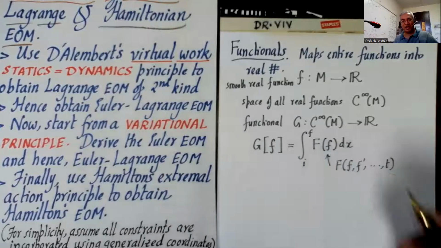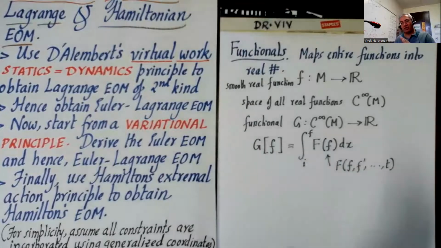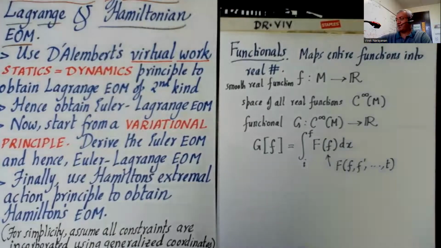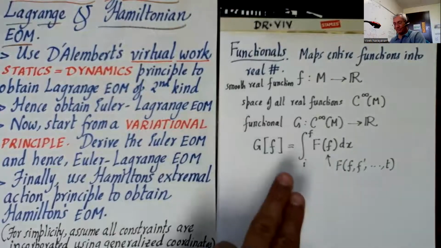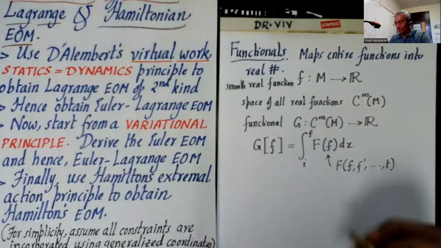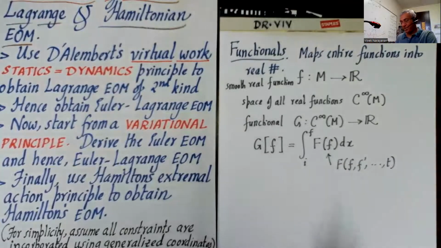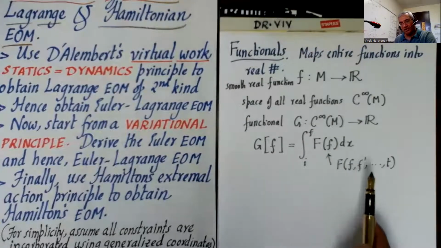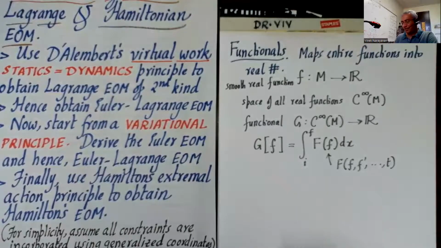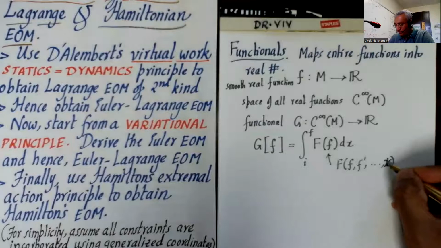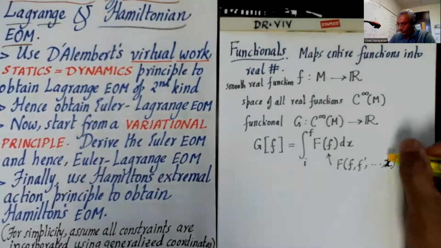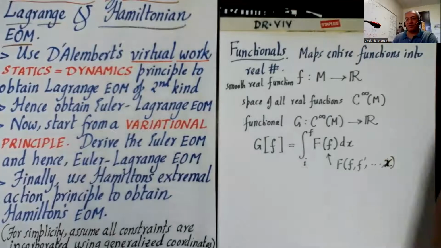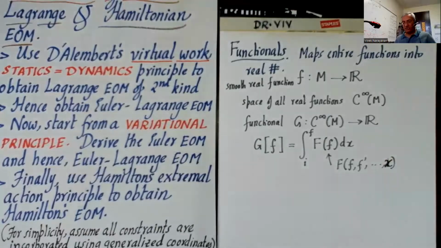That's my convenient shorthand. It can depend on not only the function, but also the nth derivative of the function as well as x. I shouldn't write time, I should write x, because we are in the domain of space, not time. So I've defined not only the functional, but the stomach of the functional is this capital F, which is digesting not only the function, but all its derivatives and x. That's the most general functional.